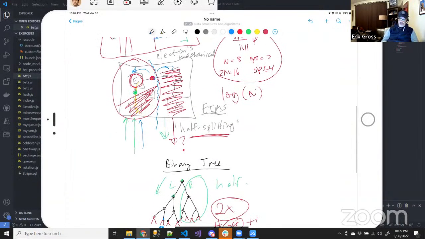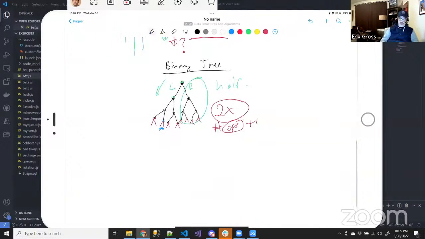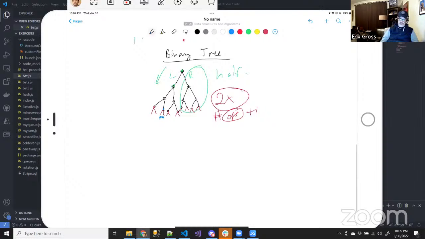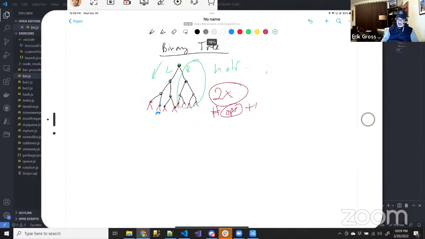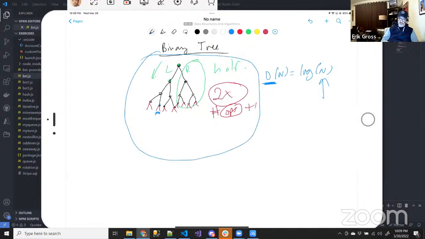But then we looked at one that, by its very construction, means that a lot of operations in it will be at a big O of log of n, where the size of the problem increases, the number of operations, the order of magnitude of the problem, only increases logarithmically. And that is the binary tree, if properly constructed.